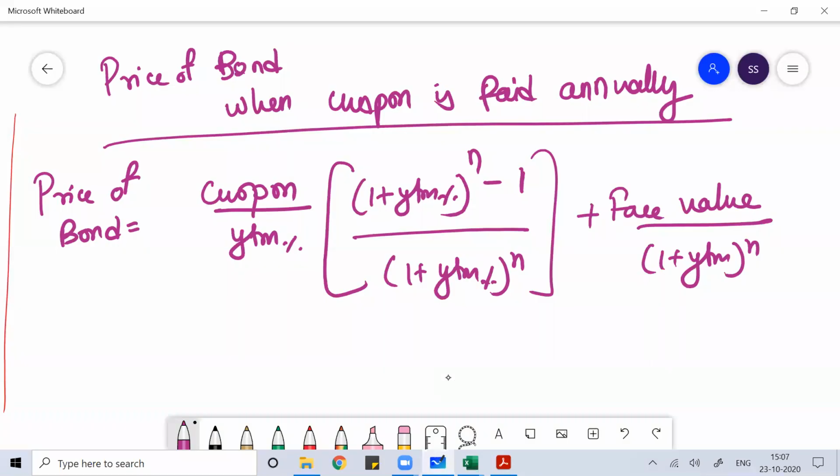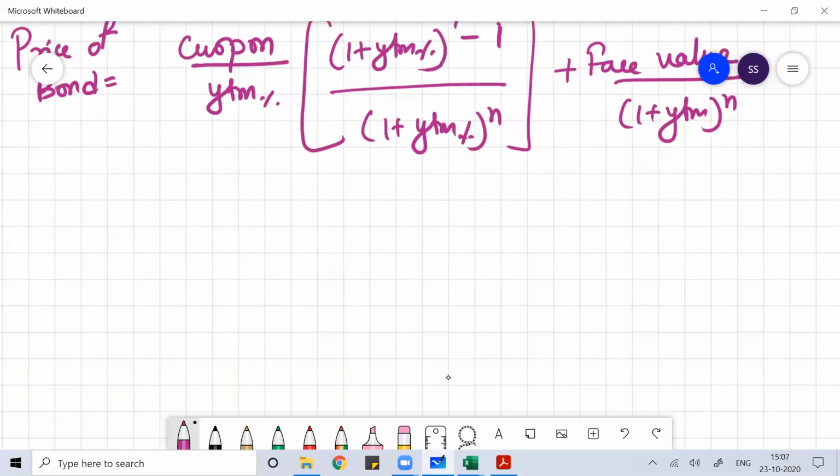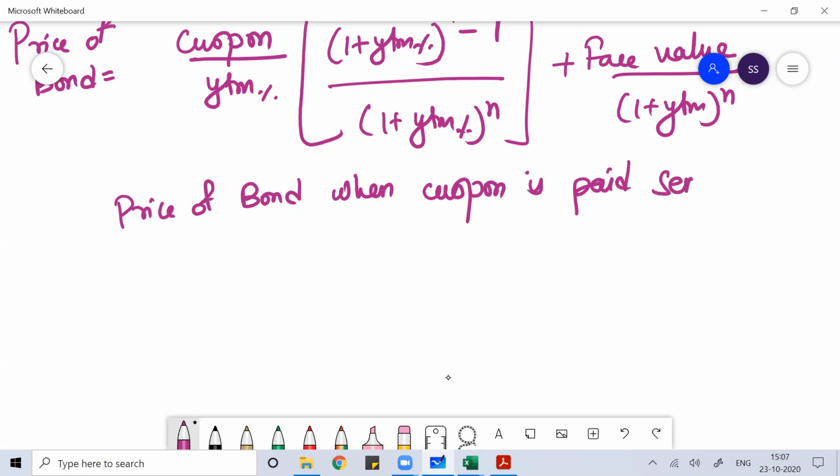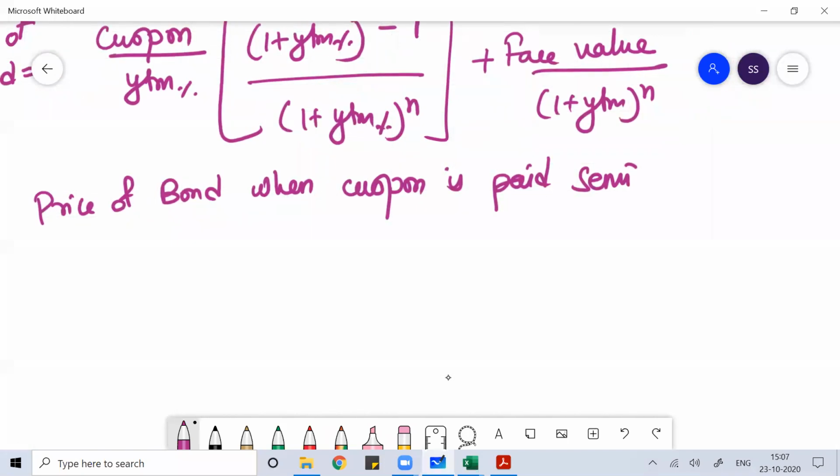In case the problem says that the coupon is paid semi-annually, and I ask you the price of the bond when the coupon is paid semi-annually, nobody will ask you quarterly and all.